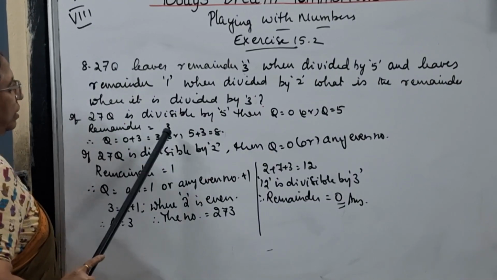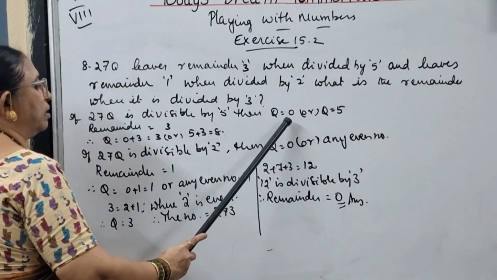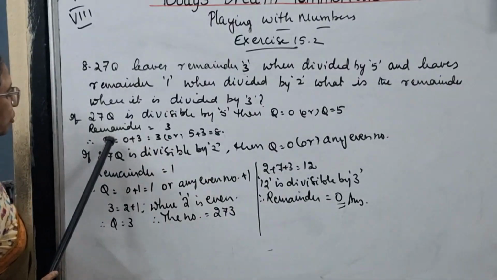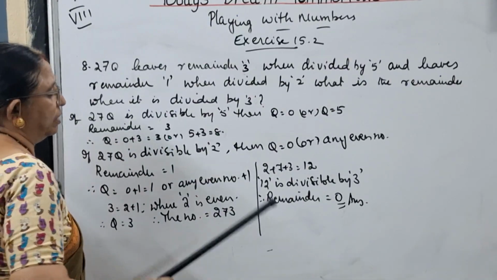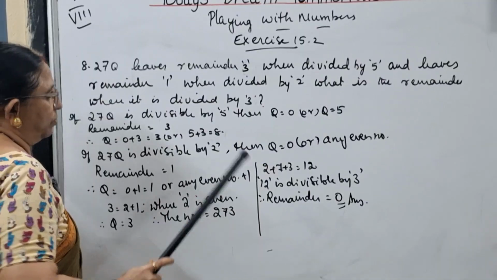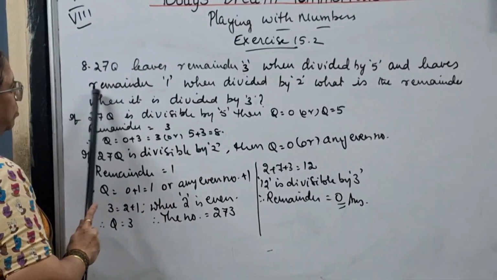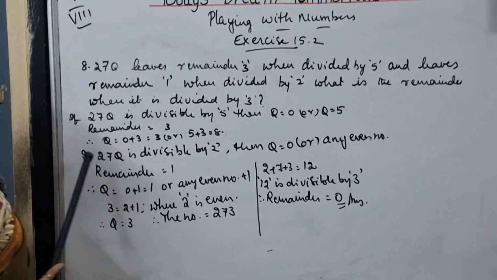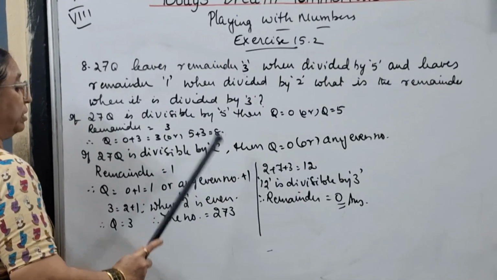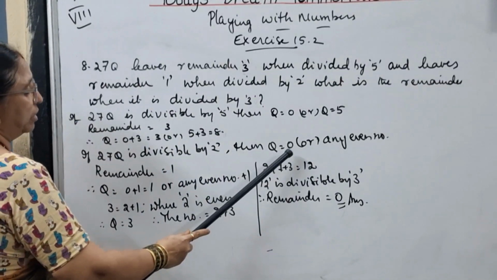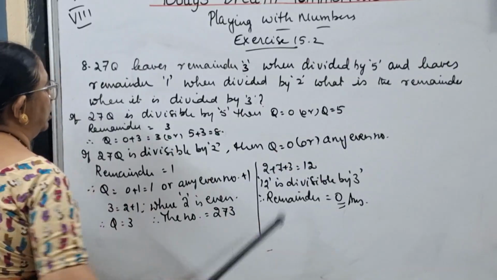But remainder 3 means this 3 should be extra to this or to this. So Q should be equal to 0 plus 3, that is 3, or 5 plus 3, that is 8. Okay, with 5 we have completed. Then remainder 1 when divided by 2. So if 27Q is divisible by 2, what is the divisibility property? Units place should be equal to 0 or any even number.